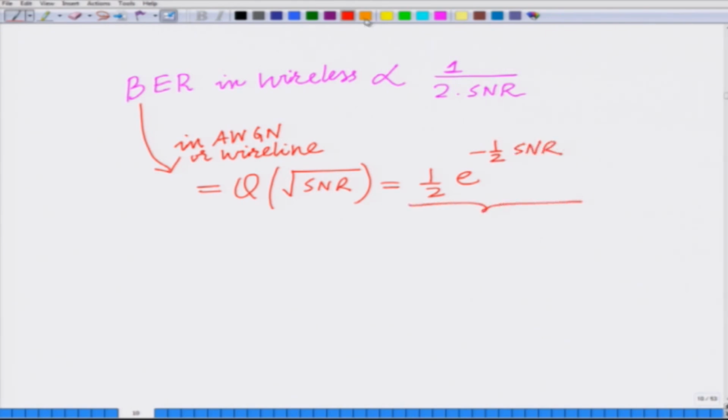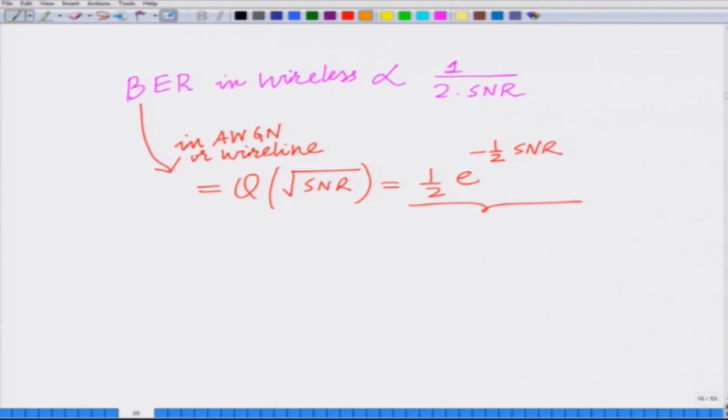Therefore, in a wire line communication system, it is decreasing exponentially with respect to SNR, while in a wireless system it is only decreasing as 1 over SNR.